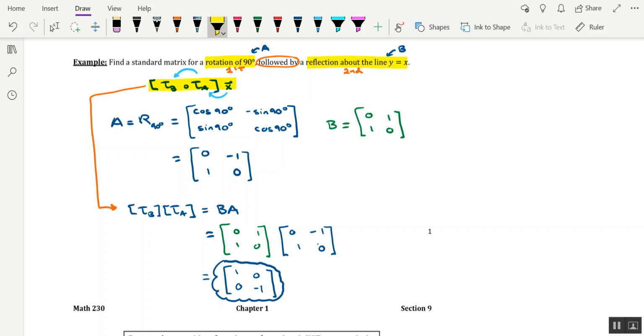So basically, instead of doing two calculations with any given input vector x, we could just do one calculation because we've already formed the composition of the two standard matrices. So once you have this composition matrix formed, it really cuts down the amount of work that you would need to do when trying to transform vectors. It basically takes two matrices, forms them into one, so all you really have to do is one product versus two products.